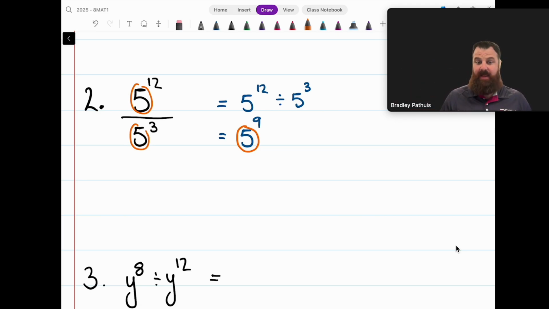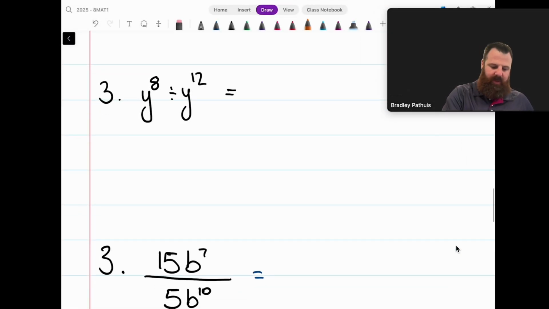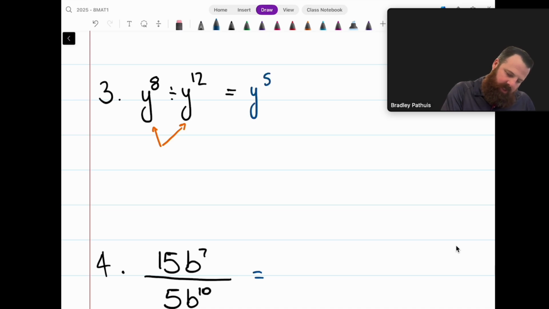Let's start to extend that idea with some algebra. So if I look at example 3 here, example 3 says I have y to the power of 8 divided by y to the power of 12. Well, my base is the same, so what we're going to end up doing is we just take away our powers.